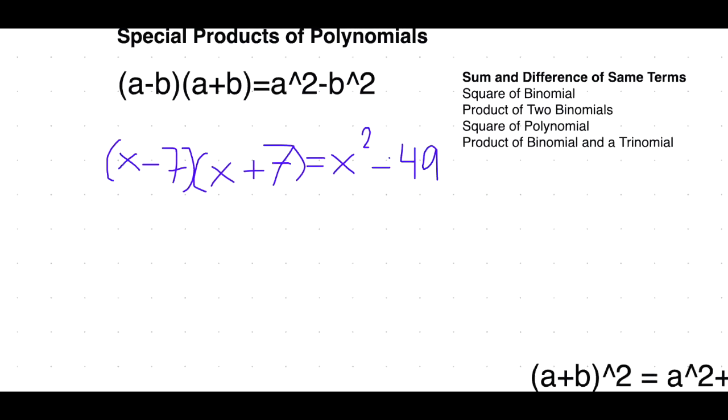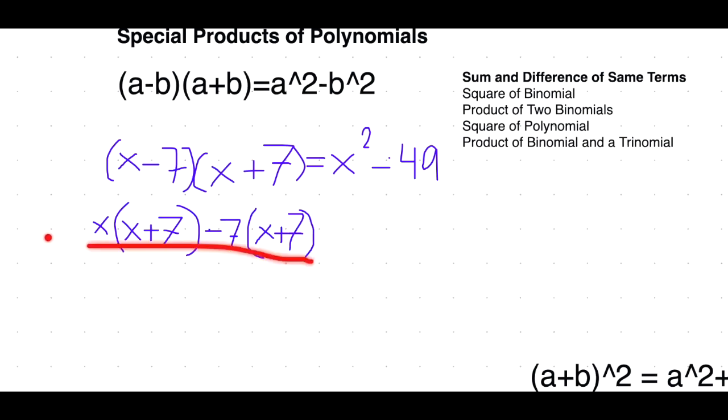But we're going to check it by properly multiplying out these brackets. Okay, so let's write it down like how we did in the explanation. It looks a bit weird, but I think you can tell that that is going to be 7. So we can rewrite that as x squared plus 7x minus 7x, and then minus 7 multiplied by 7, that's minus 49.